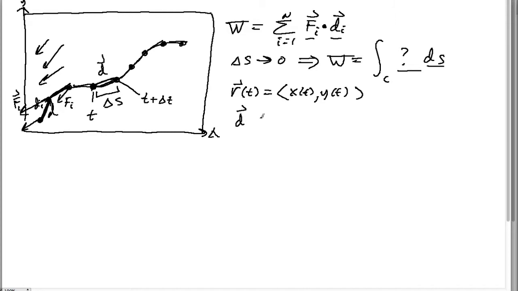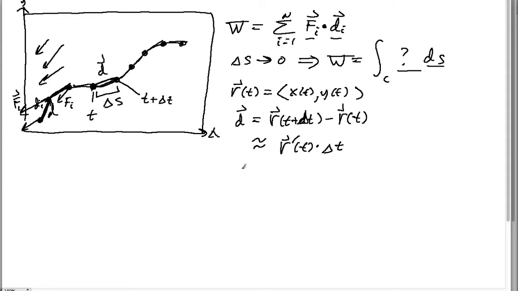So d is going to be the vector r of t plus delta t minus r of t. Now, we've done this many times before, and we know that we can always approximate that as the vector r prime of t times delta t. So that's one way we can represent this.